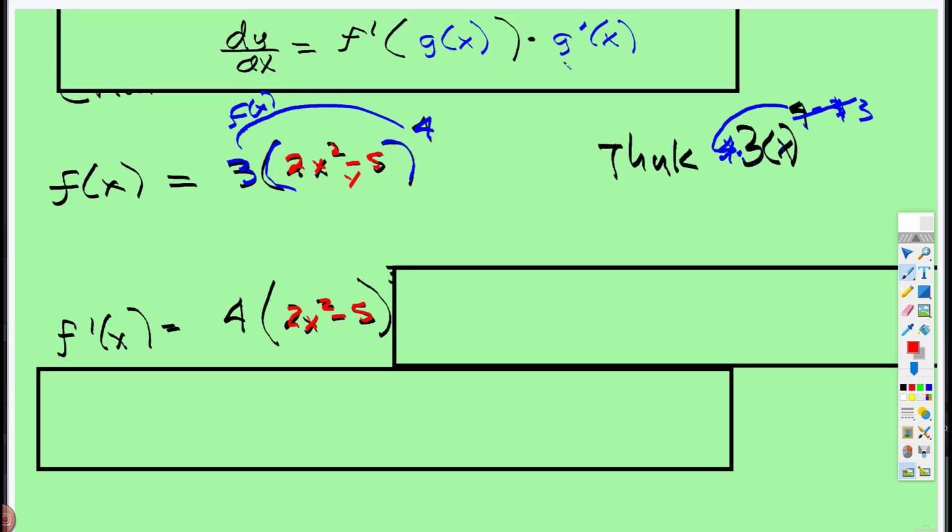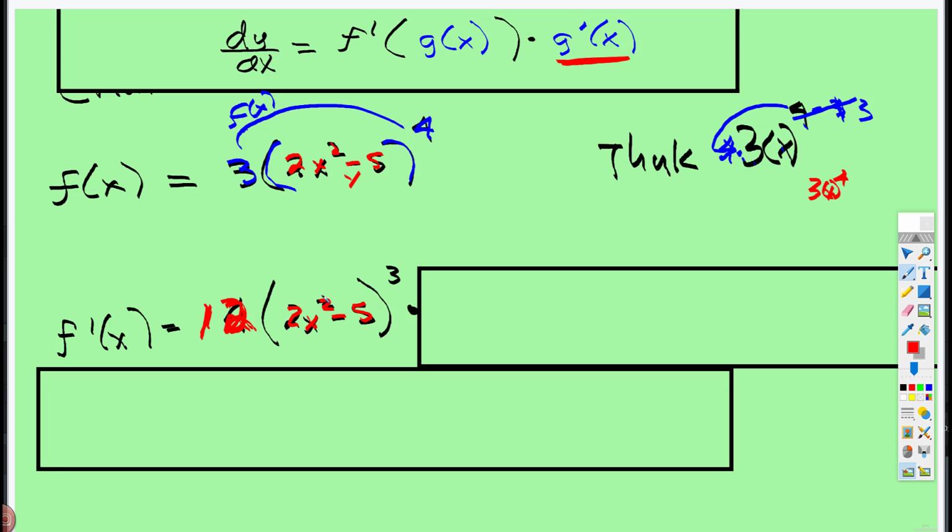But now we multiply on the outside of the parentheses. So we have our 4 something cubed right there. 3x to the fourth, or 3 something to the fourth. What is 4 times 3? 12. So that becomes 12 something cubed.